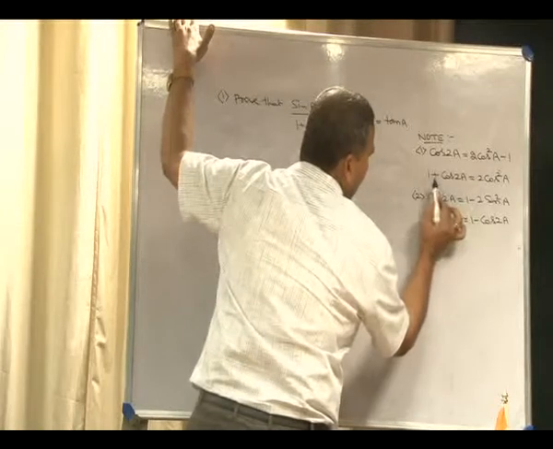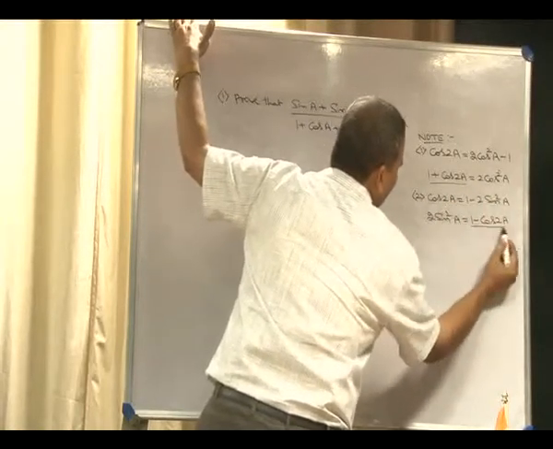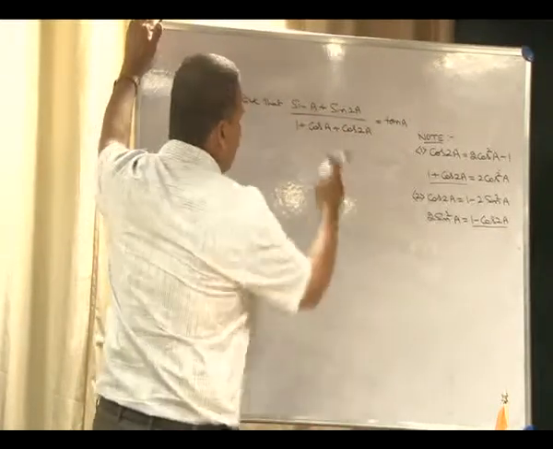That means 1 plus cos 2A is 2 cos square A, and 1 minus cos 2A is 2 sin square A. Substitute in this.